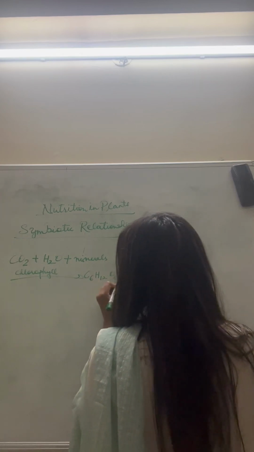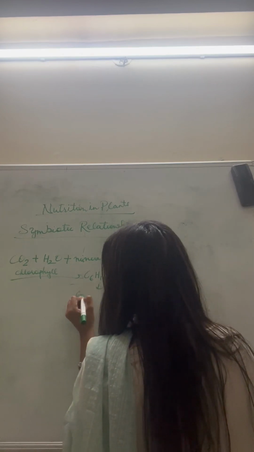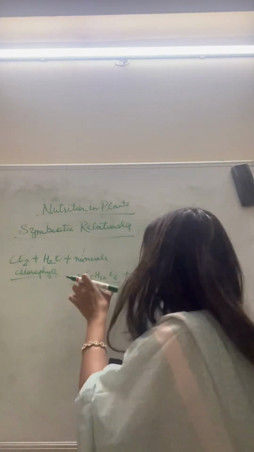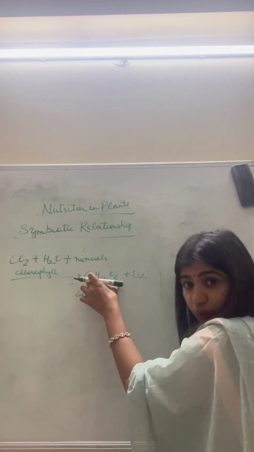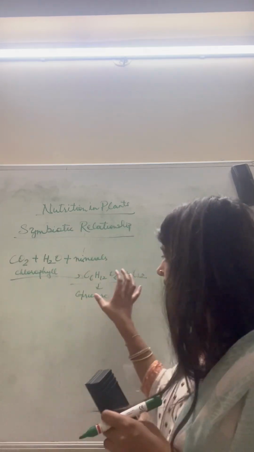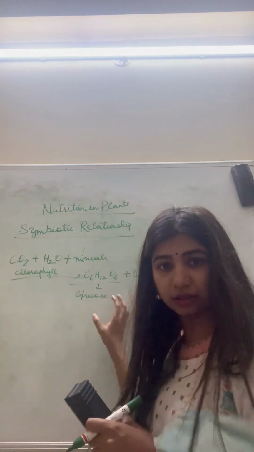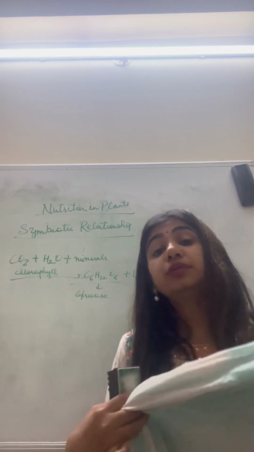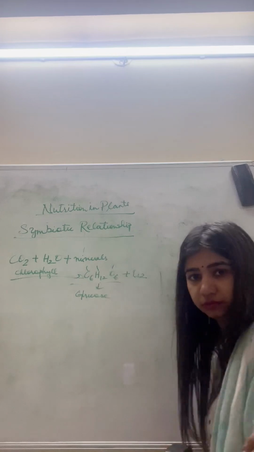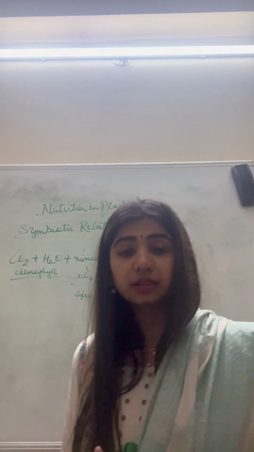Glucose is produced. This glucose is a carbohydrate, made up of carbon, hydrogen and oxygen. We have seen this in our earlier video.